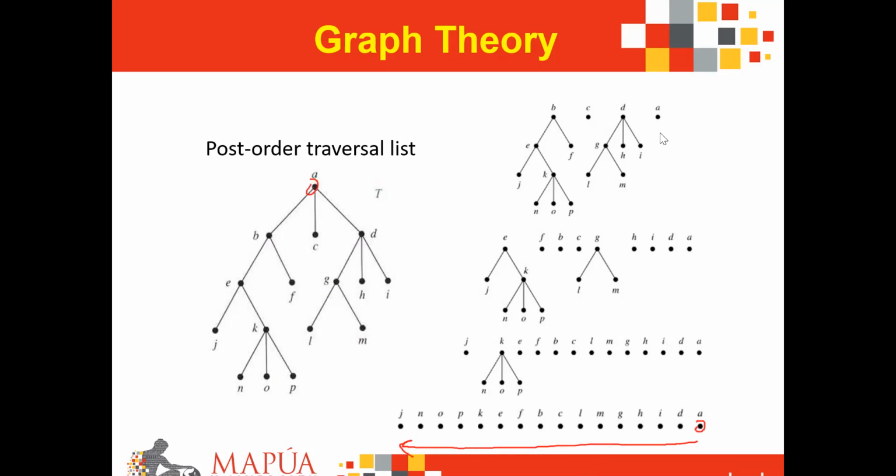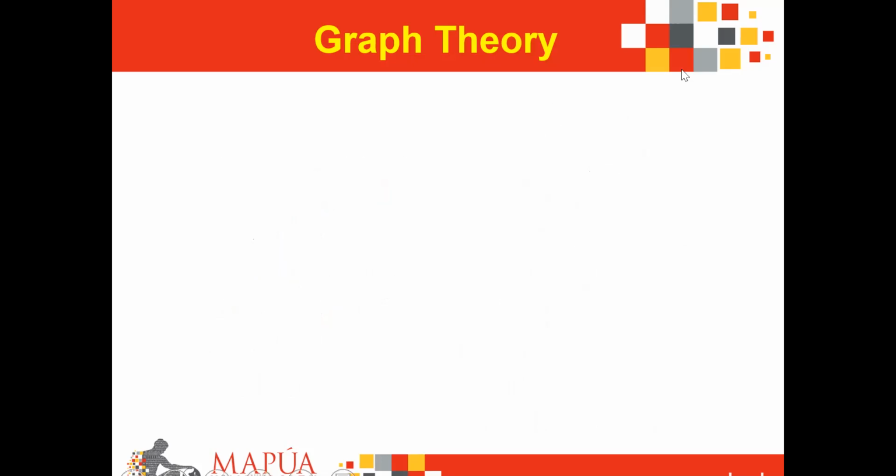And if you look at the list going from right to left, it prioritizes vertices on the right because after A on the left, it's followed by D, and then I, and then H, and then G, and then M, vertex L, and then C, and then B. Prioritize the one on the right first, which is vertex F, and then E, and then prioritize the vertex on the right, which is K, and then P, and then O, N, and finally ending with vertex J. That is how a post-order traversal process is now done.